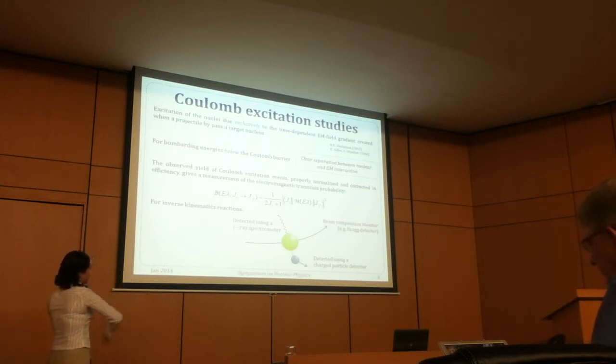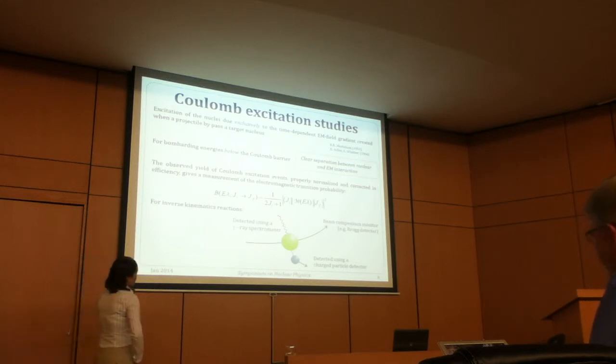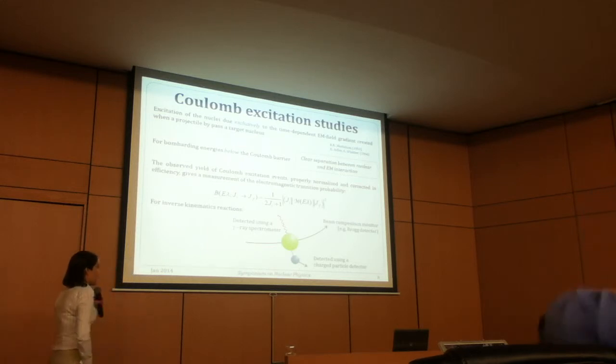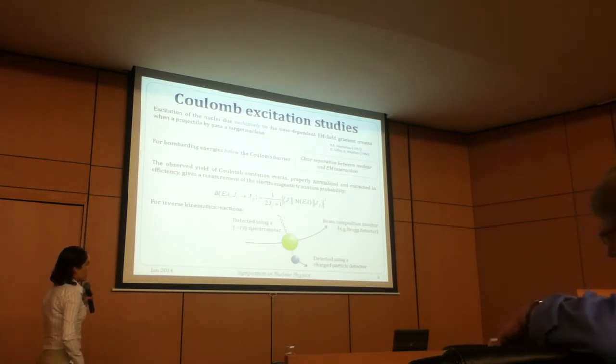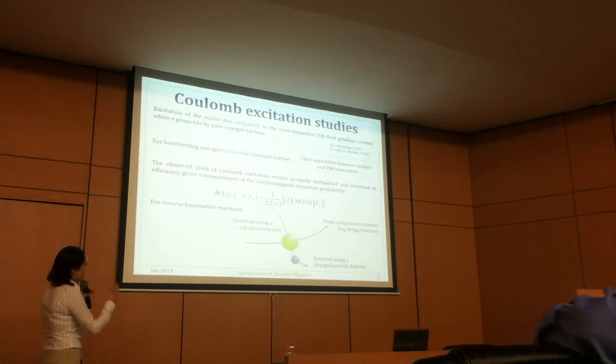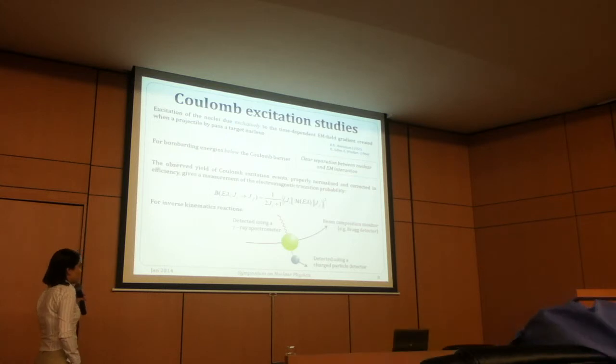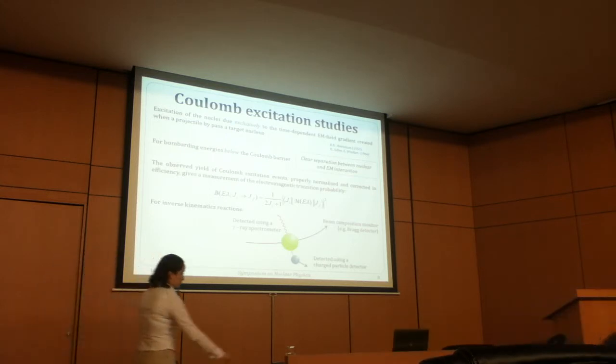For very low energies, this electromagnetic transition probability is proportional to the Rutherford cross section, so we can basically obtain an absolute measurement of this transition probability.